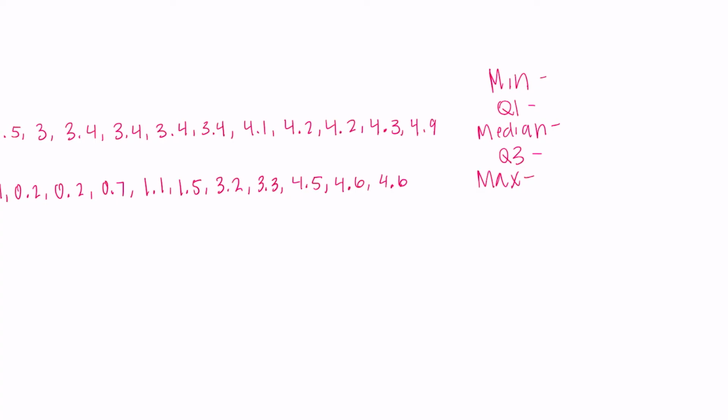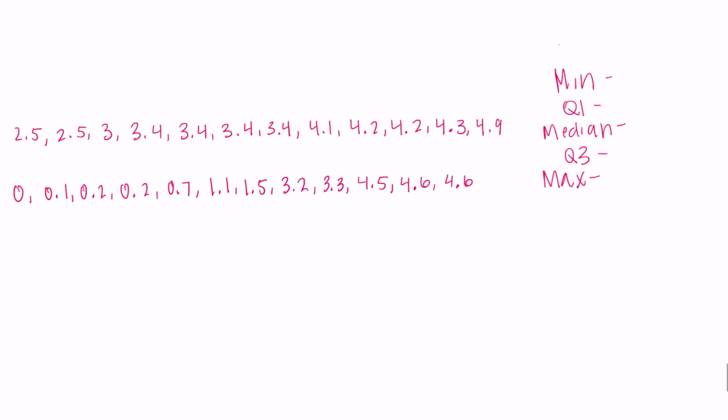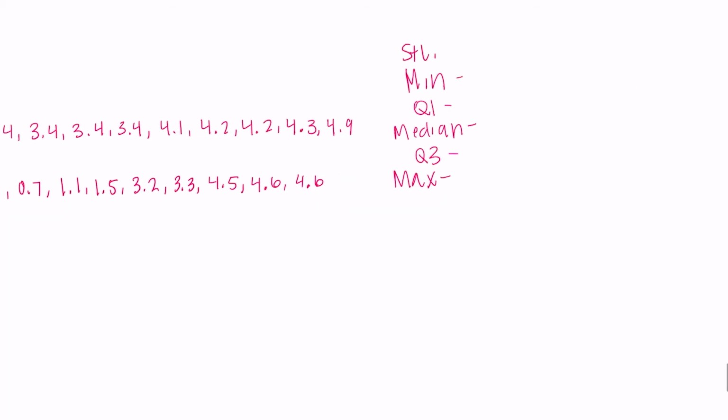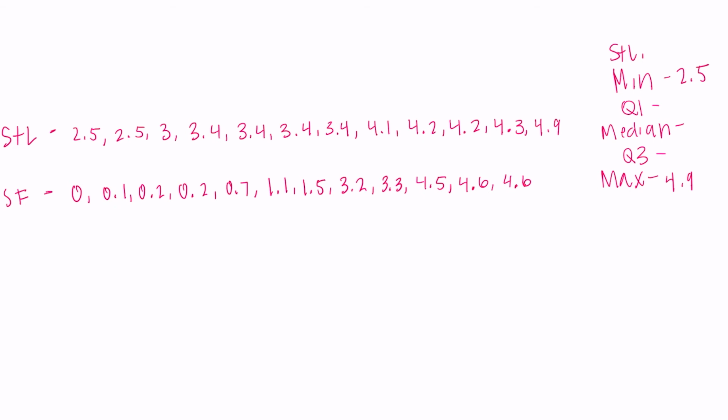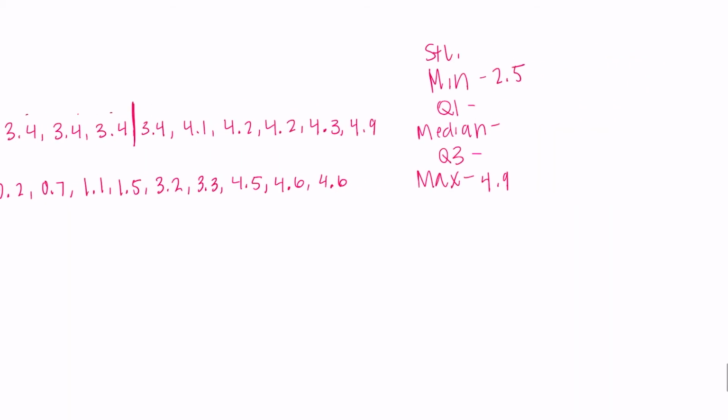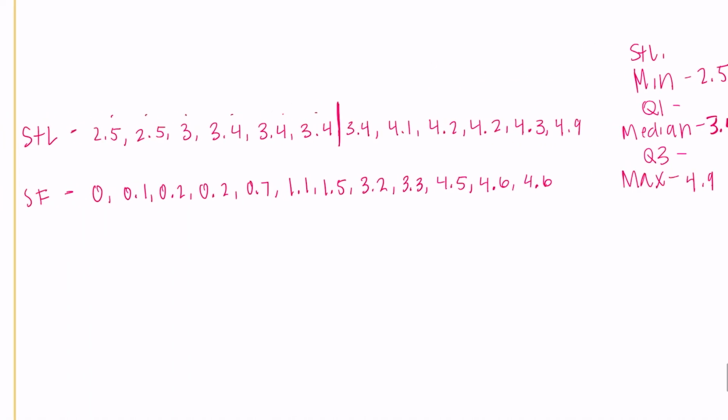So the minimum, well, let's do St. Louis first. The minimum is 2.5 and the maximum was 4.9. So let's find the median. Since there are 12, I'm going to count up 6 and find the middle. So there's 1, 2, 3, 4, 5, 6. So the median's right there in the middle. They're both 3 and 4/10, so 3 and 4/10. Now let's find the median in between those.